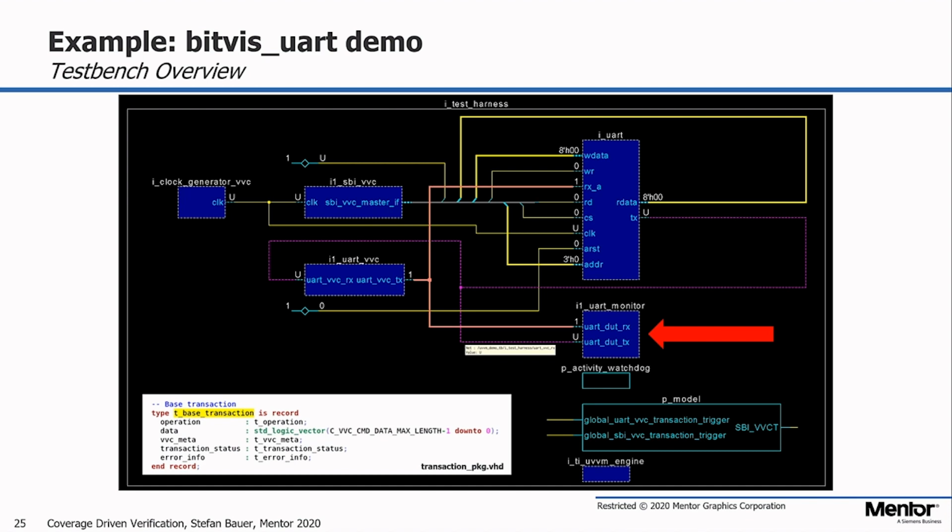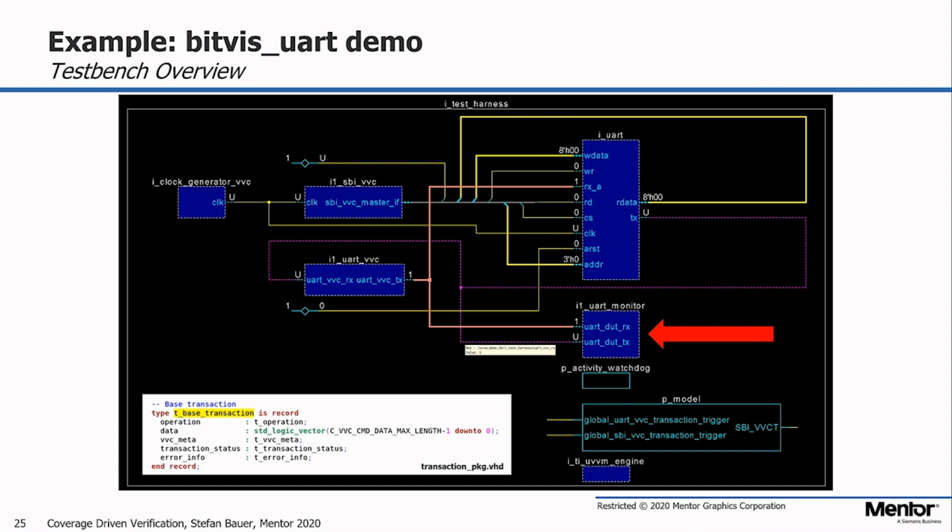This transaction for the UART contains the operation, which means for the UART a transmit or receive. It has the data. It has some meta information. It has the transaction status, which means passing, failing, in progress, and it has error info, which means parity or stop bit errors.